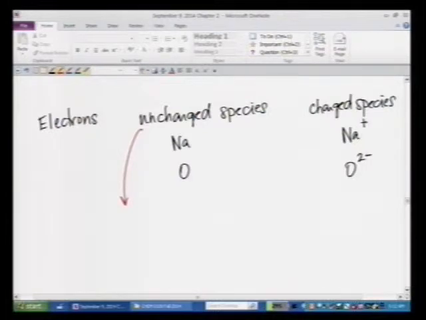I would need 5 negative charges to balance that out so that it was overall a charge of 0. So 5 positive, 5 negative. So for an uncharged species, the number of electrons is equal to the number of protons. That's how you calculate the number of electrons for an uncharged species.